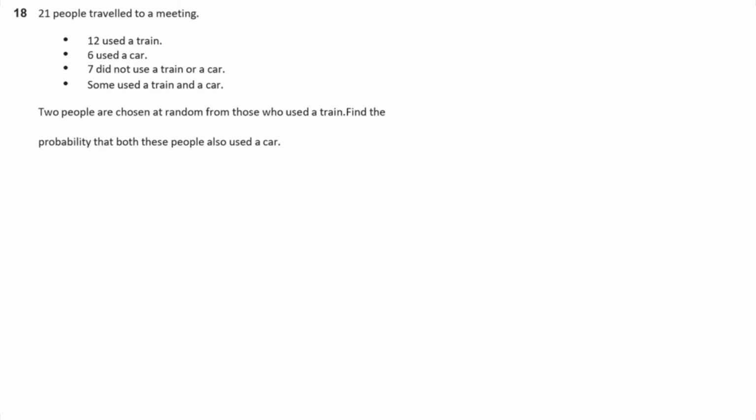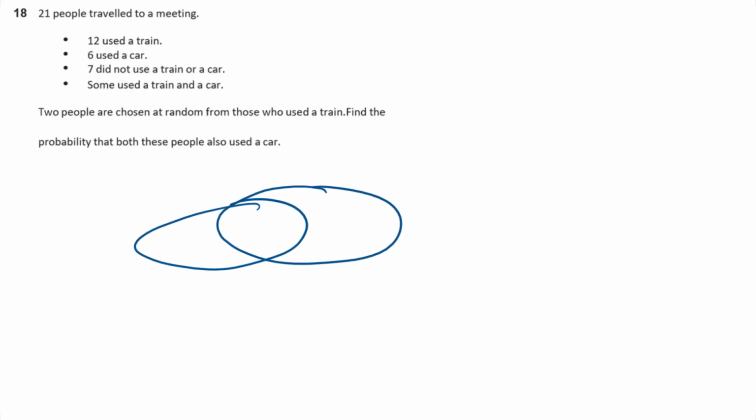Okay, so with Venn diagrams, I've got 2 sets here. I've got people who used a train and I've got people who used a car. I know that 12 people used a train altogether, 6 people used a car altogether. I'm not going to put those on yet because I don't know what's in the middle. So I'll come back to those. 7 did not use a train or a car, so I know that 7 lies outside the 2 circles.